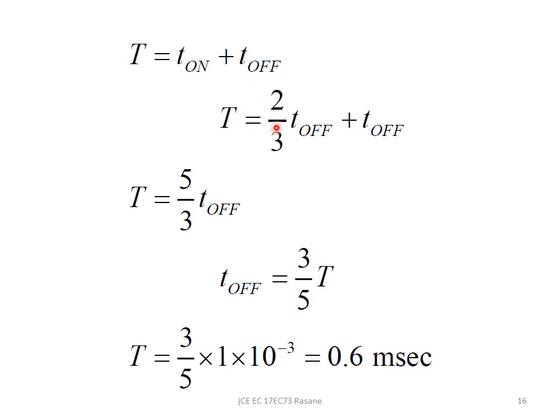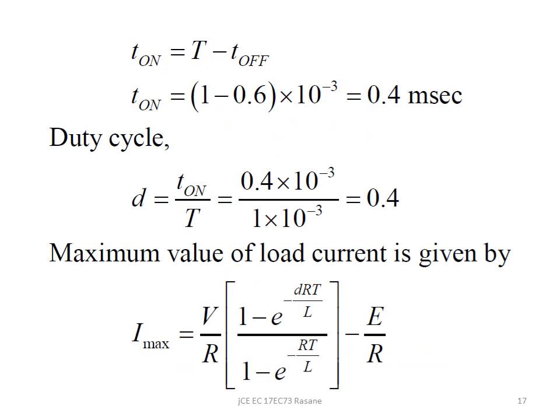So T is equal to 2 by 3 into T off, substituting for T on, plus T off. So in this case, I'll get T equal to adding these, LCM is 3, so 3 plus 2, 5 by 3 into T off. So T off becomes equal to 3 by 5 into T. I know T, so substituting the value, I'll get T off as 0.6 milliseconds.